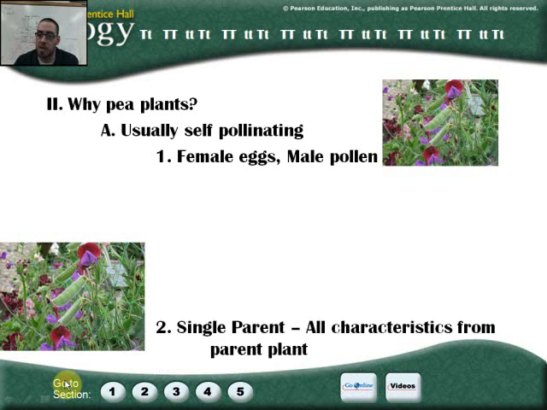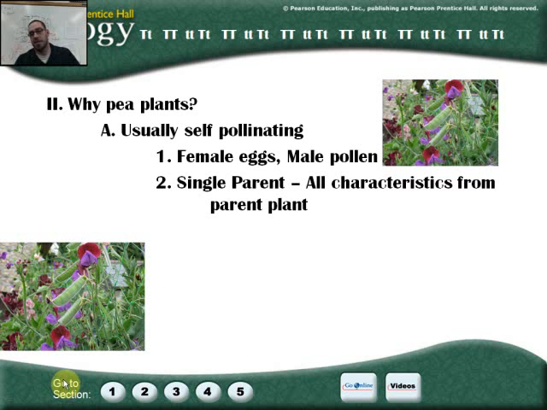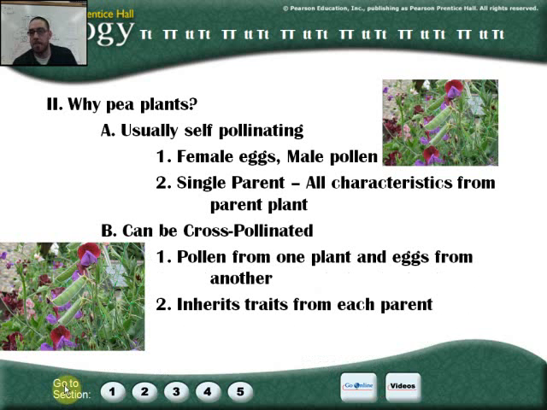He took pea plants and he studied 7 different traits of pea plants. And there's a couple reasons. One reason is that pea plants are easily pollinated and they're easily manipulated because of their flowering characteristics. They can be self-pollinated. You can take the anthers and the stigma and mix them together and self-pollinate one single plant and create offspring of that.